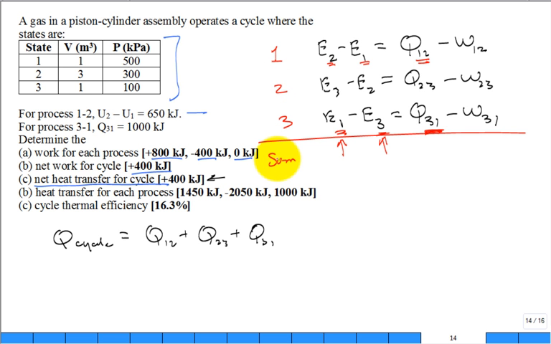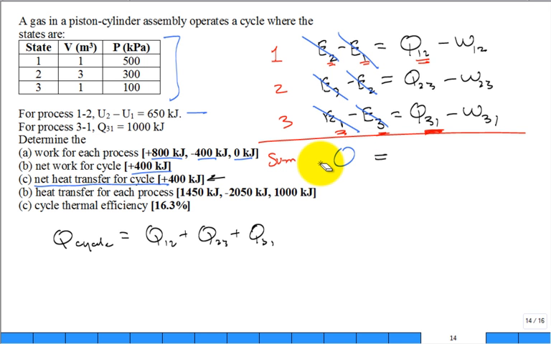If I sum up everything, what do I get on the left-hand side of the equal sign? Can you see that this E1 and that E1 cancel? That this E2 and that E2 cancel? That E3 and that E3 cancel? So the change in the energy around the cycle is equal to 0.